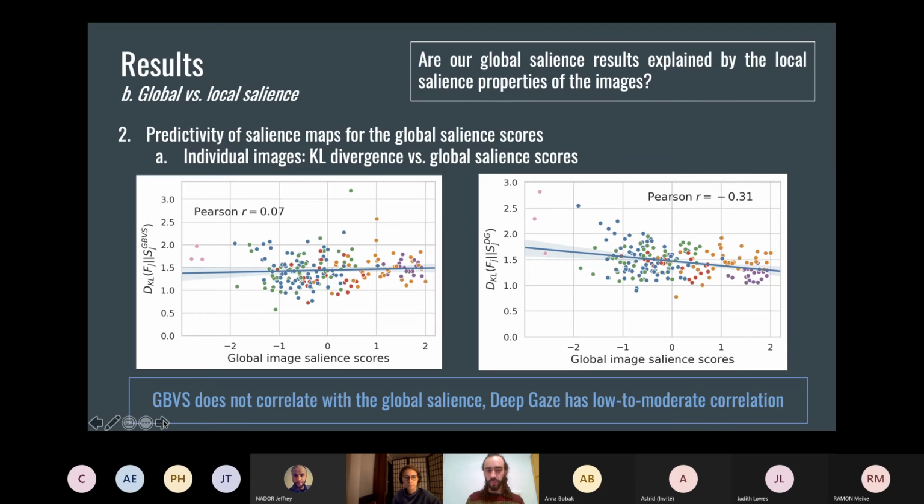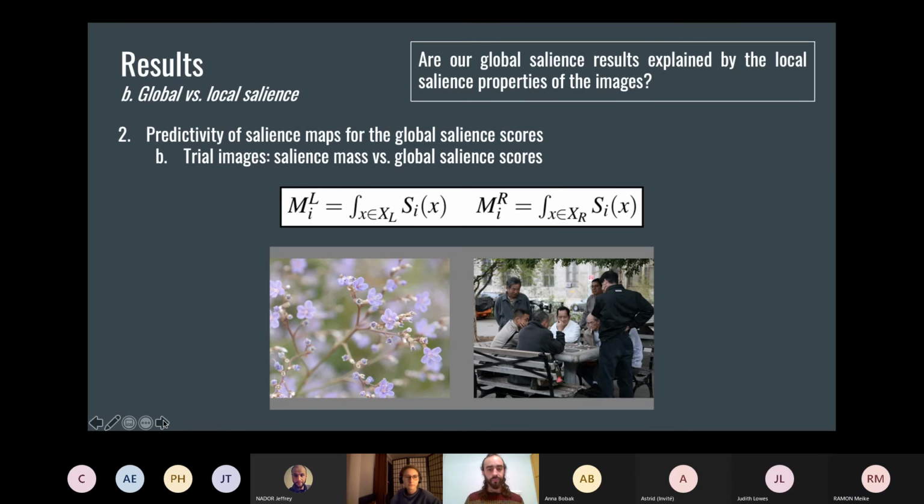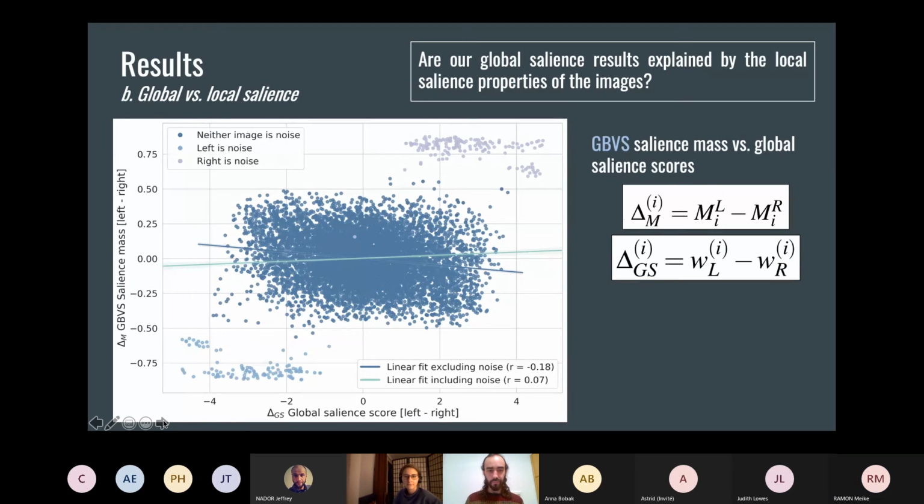And I have a couple more plots here, but I'll go a little bit fast over this. This will take me a while to explain. So if we can stop here for a second. There are many dots in the scatter plot because each dot corresponds to one single trial when a participant sees two images side by side, and we are comparing the salience mass on the left versus the salience mass on the right, and comparing this absolute difference with respect to the global salience.